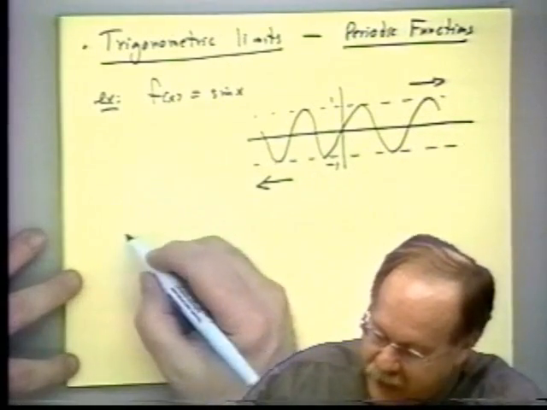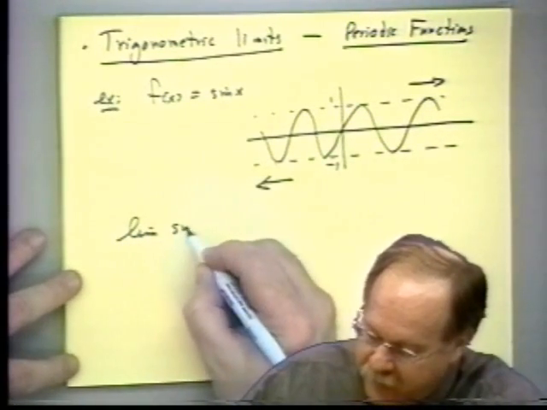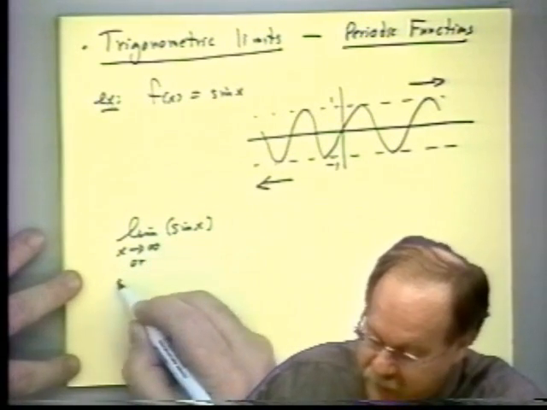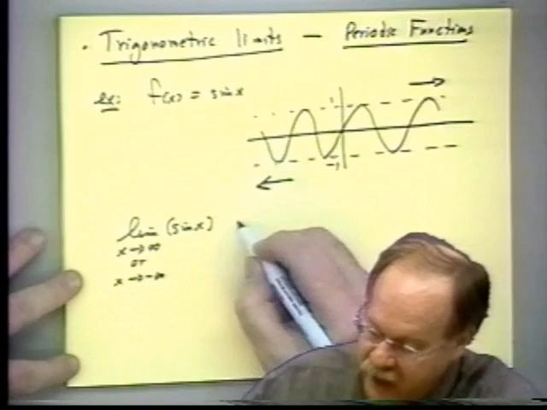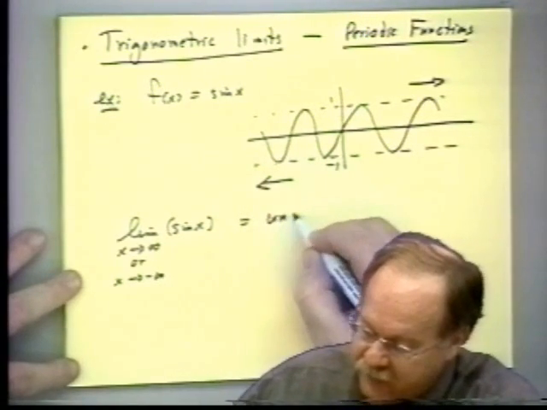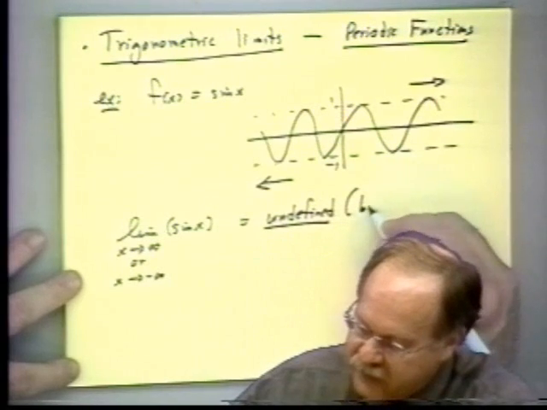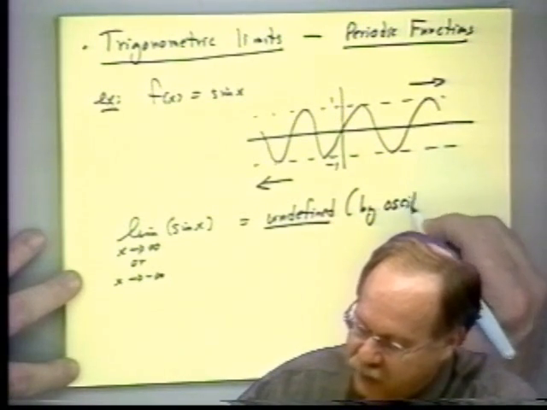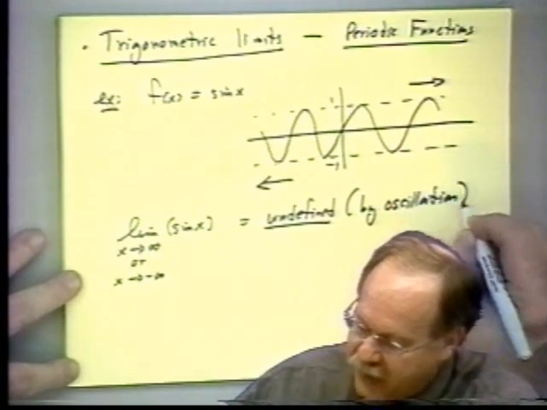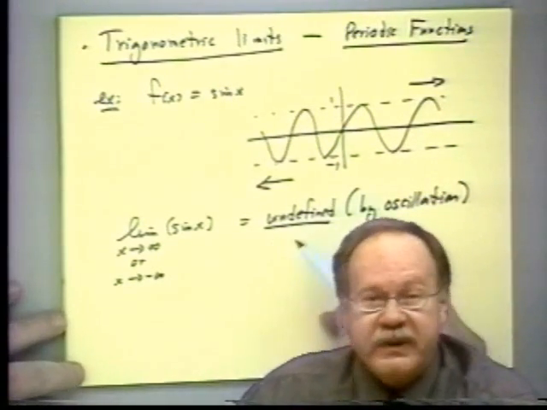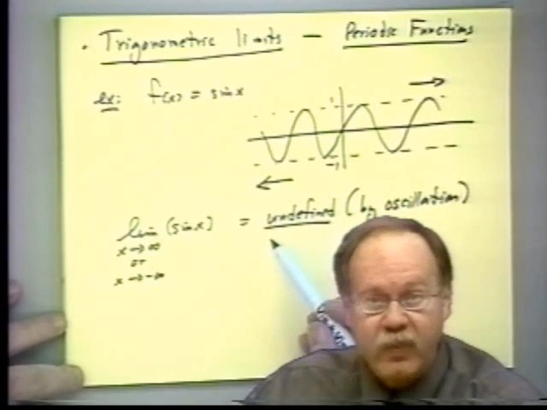It goes up and down and up and down. So if one were to ask the question, what is the limit of the sine of x as x approaches infinity, or for that matter, as x goes to minus infinity, we would have to say it's undefined. And you can say it's undefined sometimes by writing oscillation. Oscillation just means that it moves up and down without settling down. But there is no particular notation here.